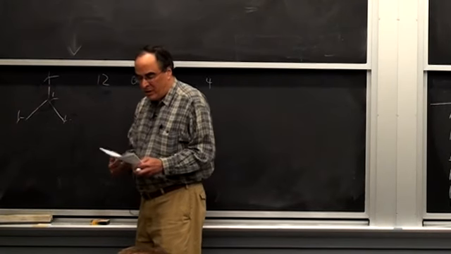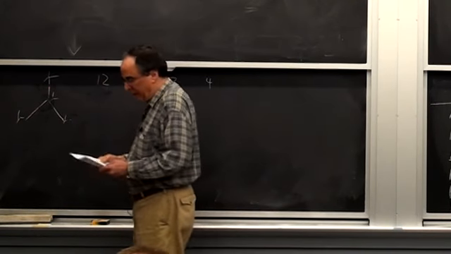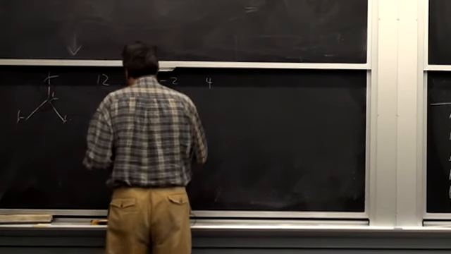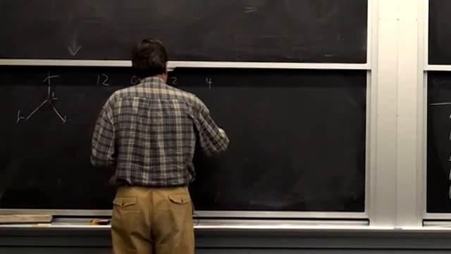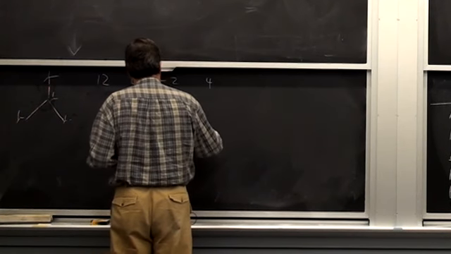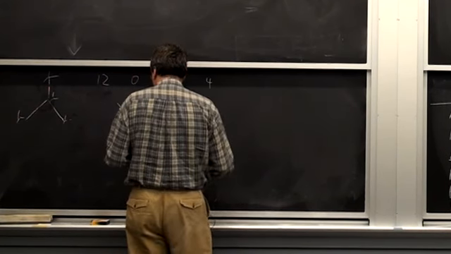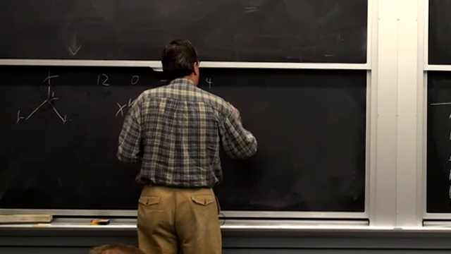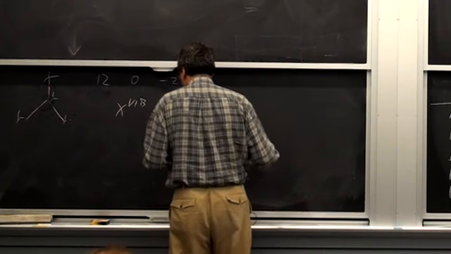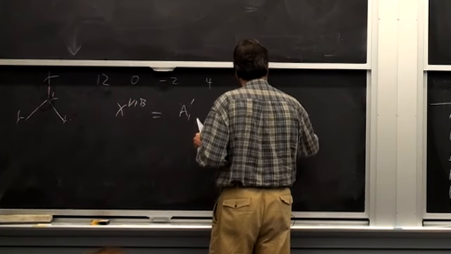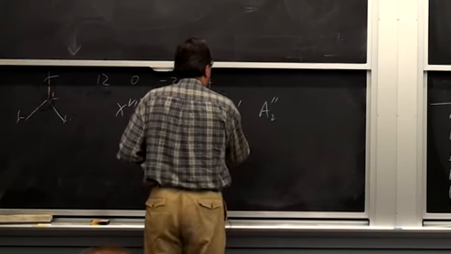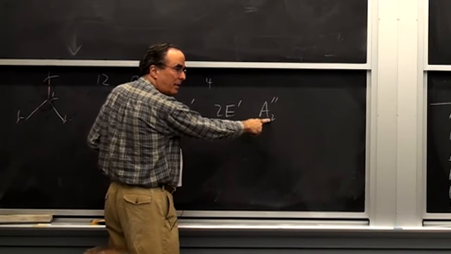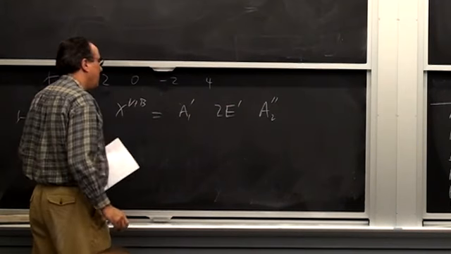So we can determine very quickly that the vibrations generate the A1 prime, 2E prime, and 1A2 double prime. Okay, that's 4, 5, 6, the right number of degrees of freedom.